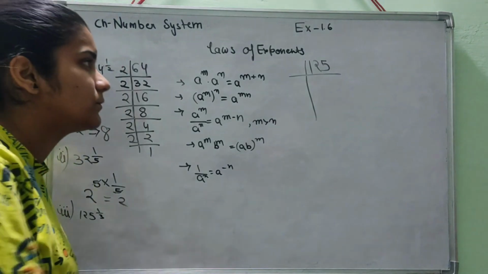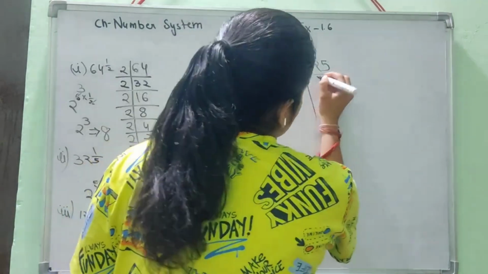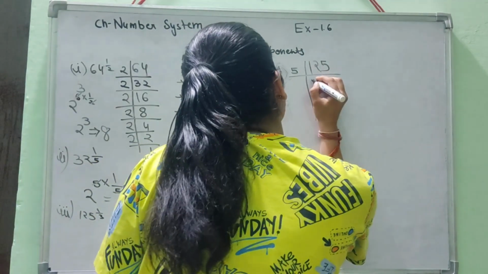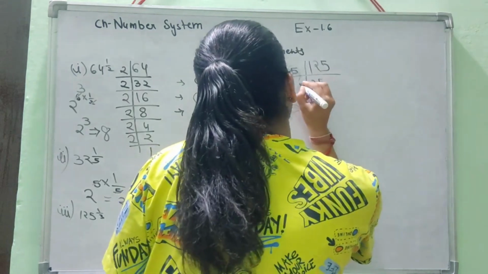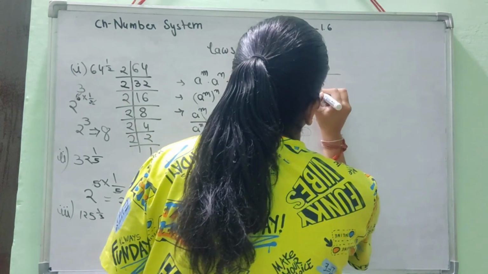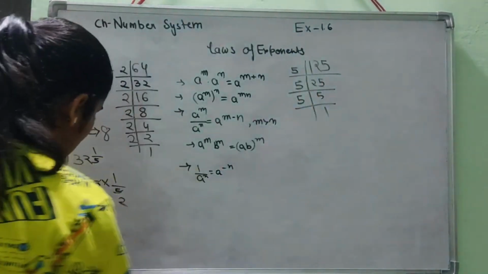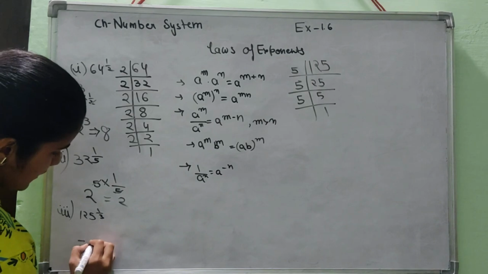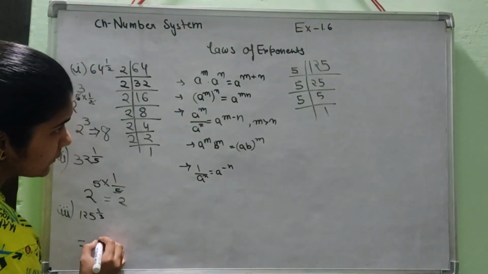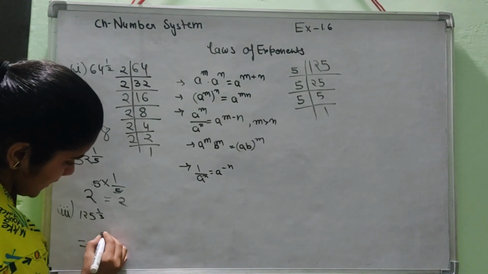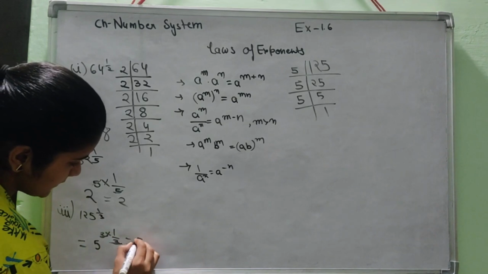So this will be divided by 5. 5 times 25 is 125, then again 5 times, then again 5 times. So 125 can be written as 5 to the power 3 into 1 by 3, which gets cancelled out and is written as 5.